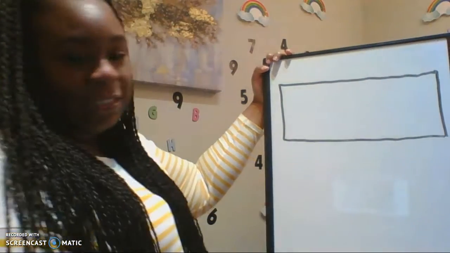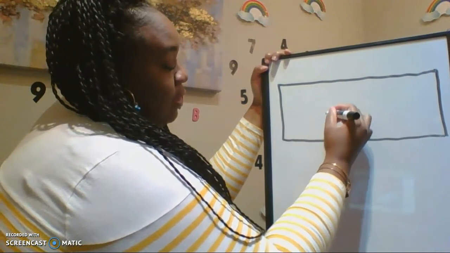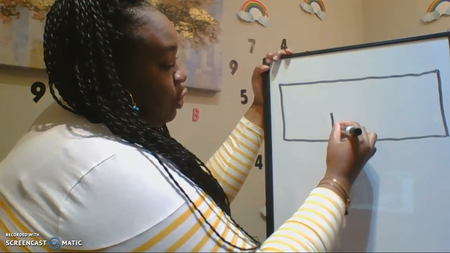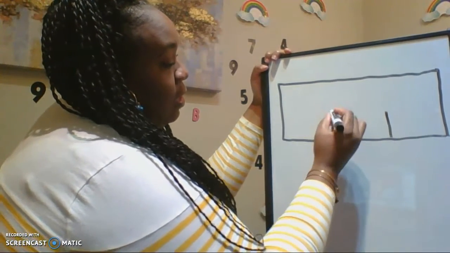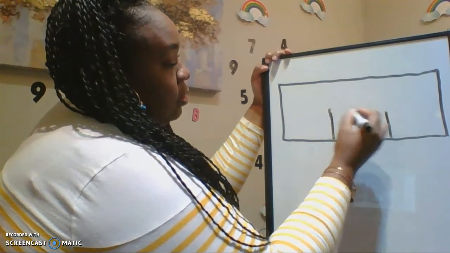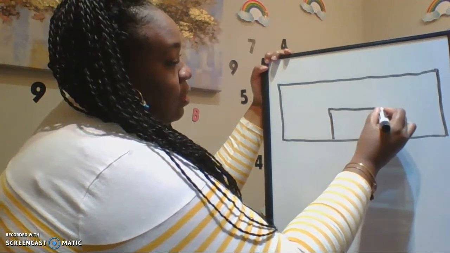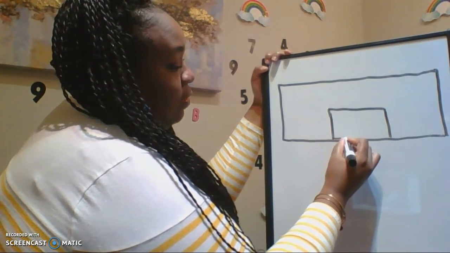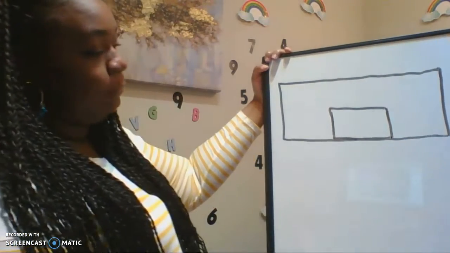Okay, so that's the top of our goal. And then I'm going to draw another rectangle in the middle, in the center. So here's my short line, make it a little taller. And then here's my long line and my long line, okay? And they're pretty much connected together, friends, okay?